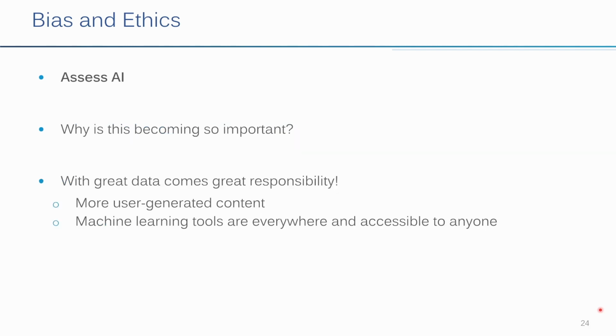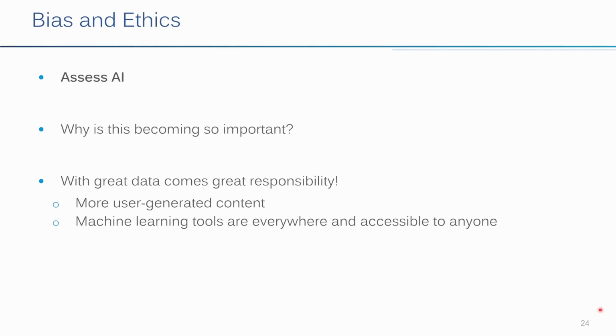So why do I think this question is more pertinent now than ever? Why is this becoming so important? Why is assessing AI becoming so relevant in the last couple of days? Aside from a bunch of political and economical factors, there is one that does call our attention: with great data comes great responsibility. As simple as that, because the more data you have, the more it is absorbing whatever content humans are producing and all their characteristics along with them.